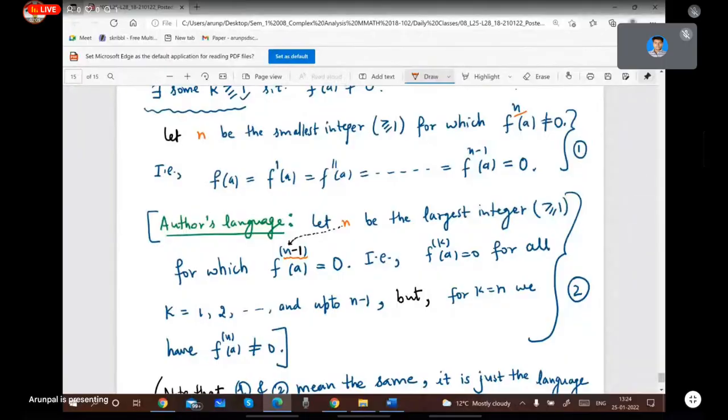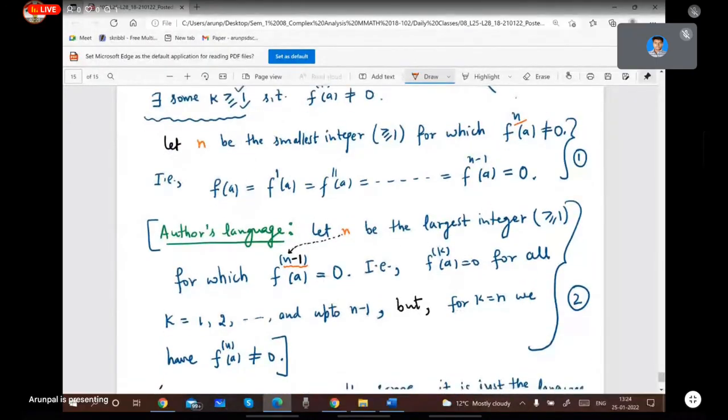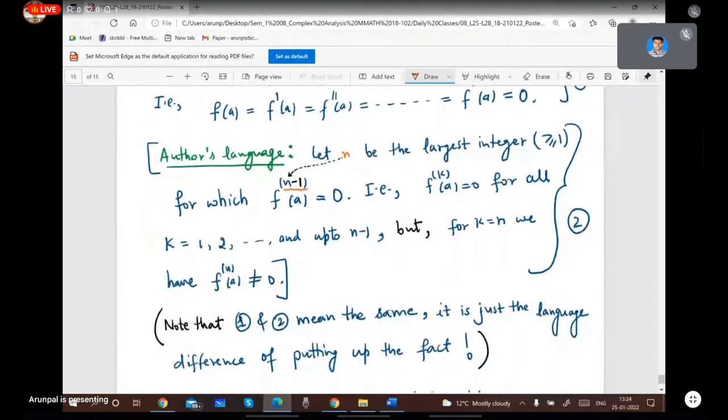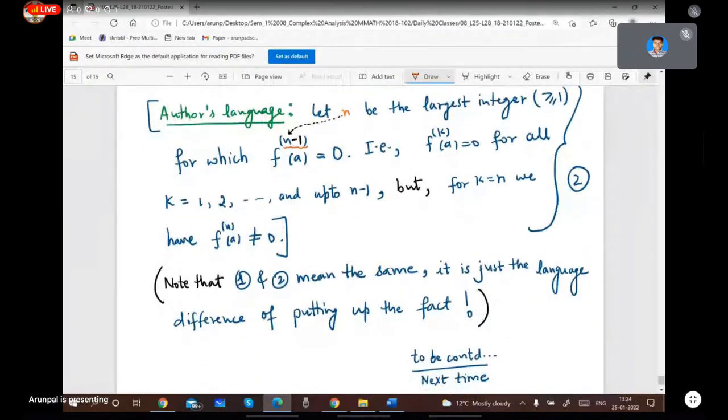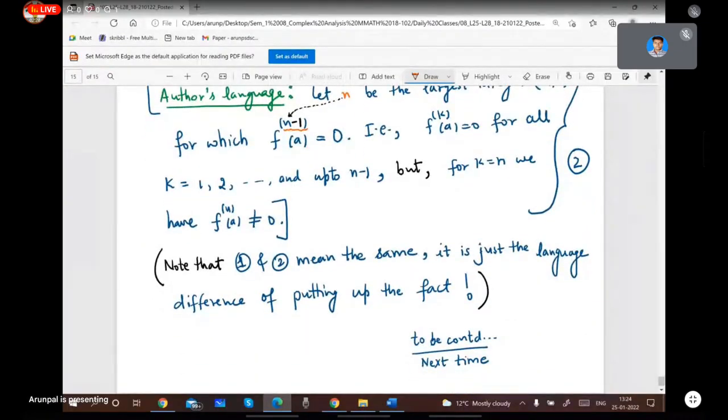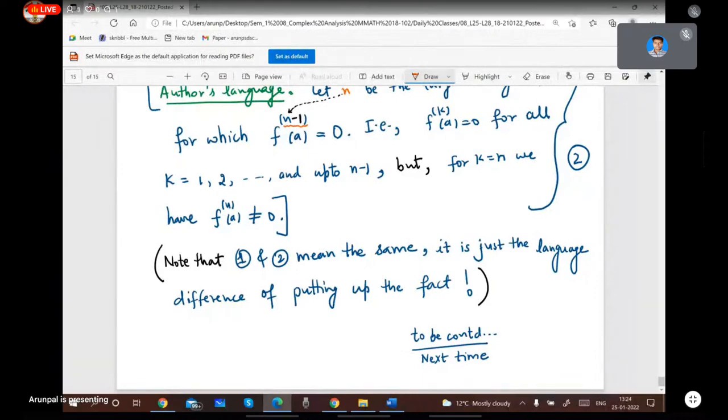Largest in the sense that at most derivatives up to order n minus 1 are 0, and after that the nth order derivative is not 0. So it's up to you, and now there should be no confusion that ultimately at some nth stage the derivative of the function at a is non-zero.